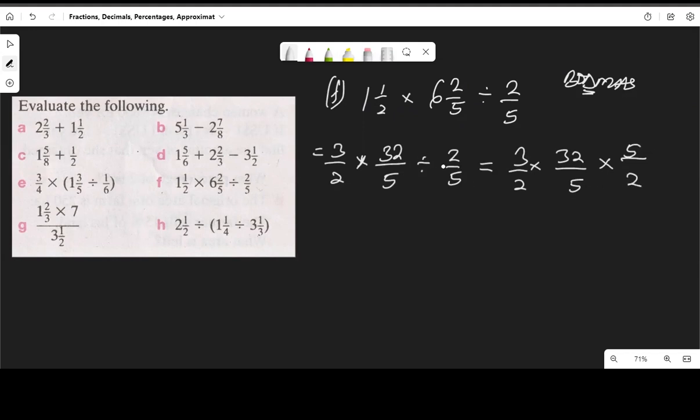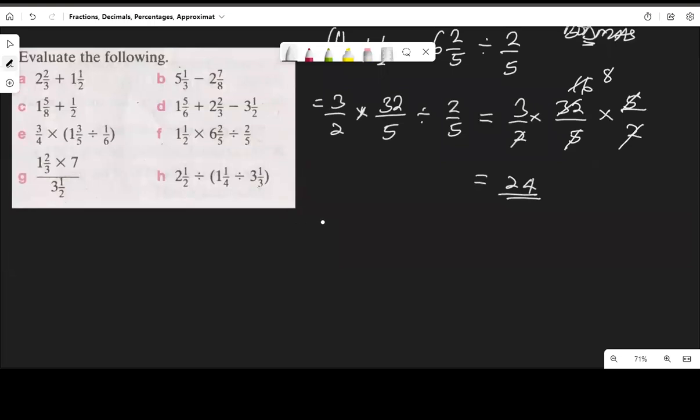The sign of division changes to multiplication, then we multiply by the reciprocal of this fraction. Reciprocal of 2 over 5 is 5 over 2. 5 can cancel 5. 2 here 1, 2 here 16. 2 here 1, 2 here 8. And 8 times 3 is 24. So our answer here is 24. That is that for F.